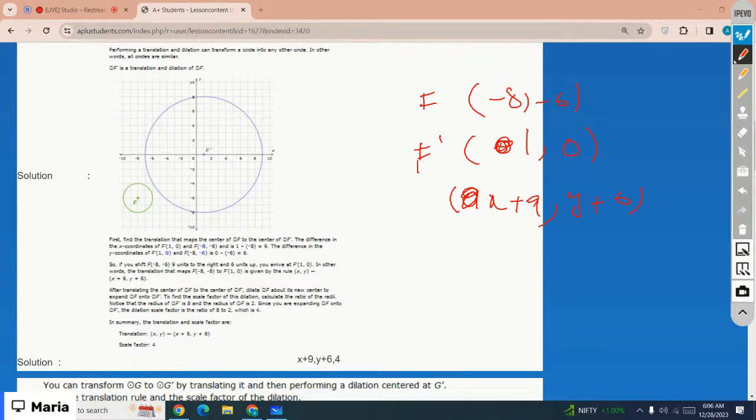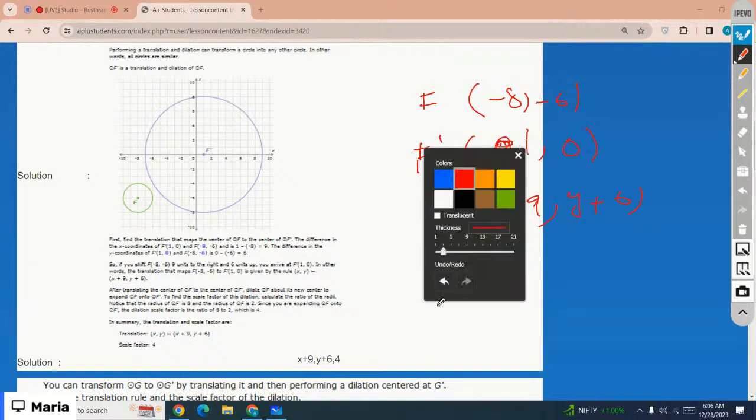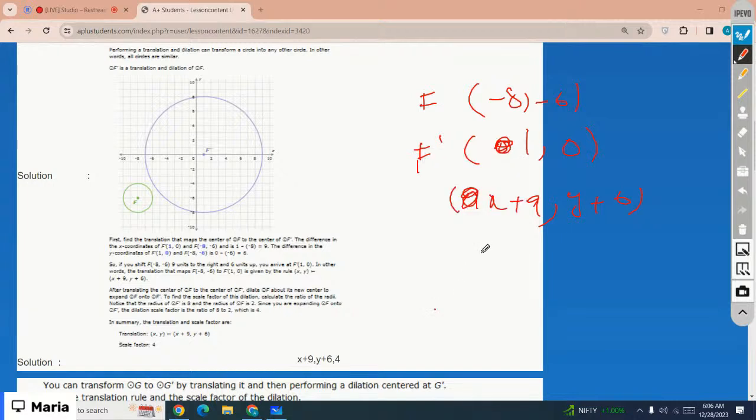If you shift -8 plus 1 is -7, -6 minus 6, right?